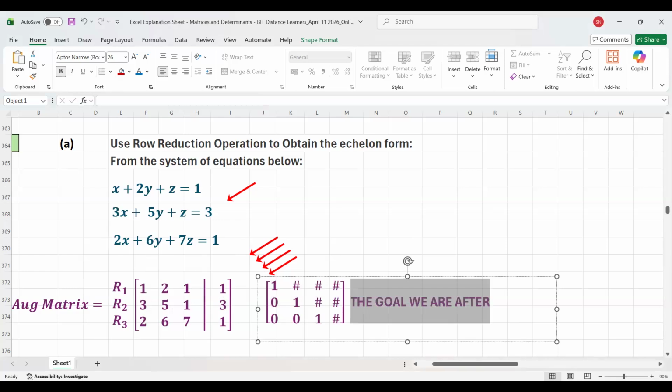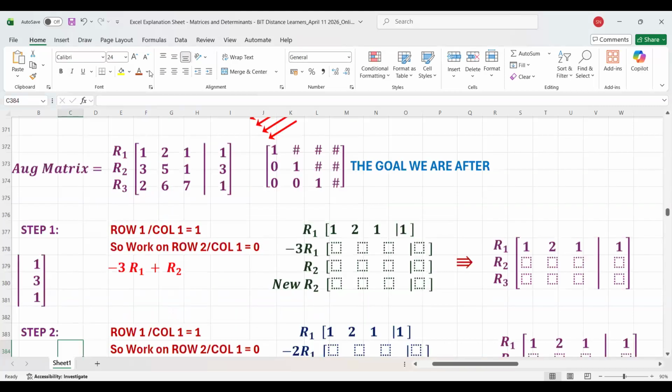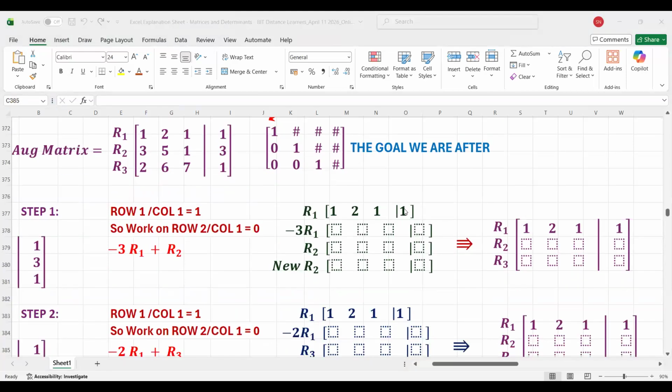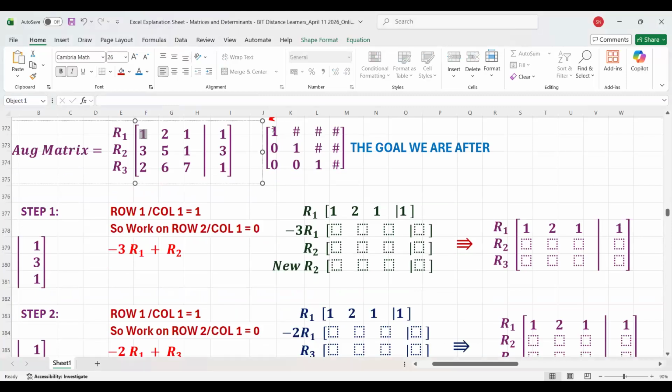So step one, you realize that row 1 and column 1 is equal to 1. Here, this one that I'm highlighting. This value is already equal to 1. And because row 1, column 1 is equal to 1, I don't do anything about it, because our goal is to achieve that the first row and the first entry is 1.